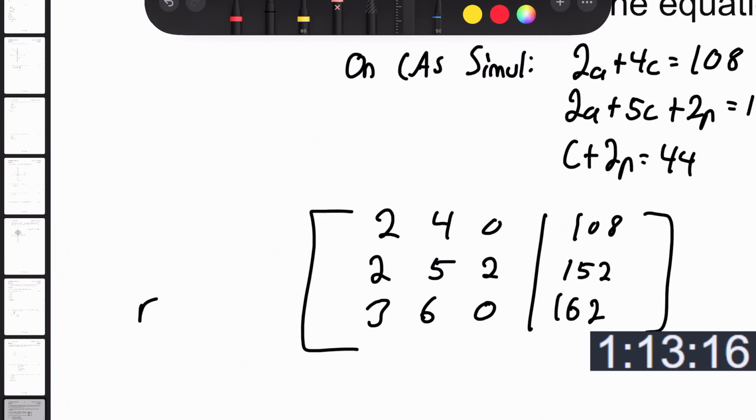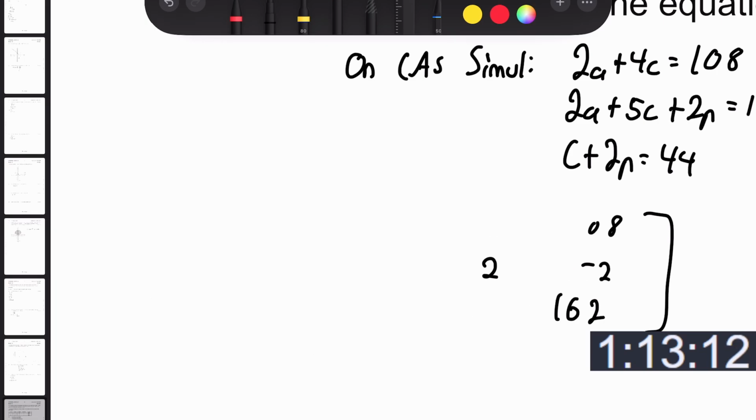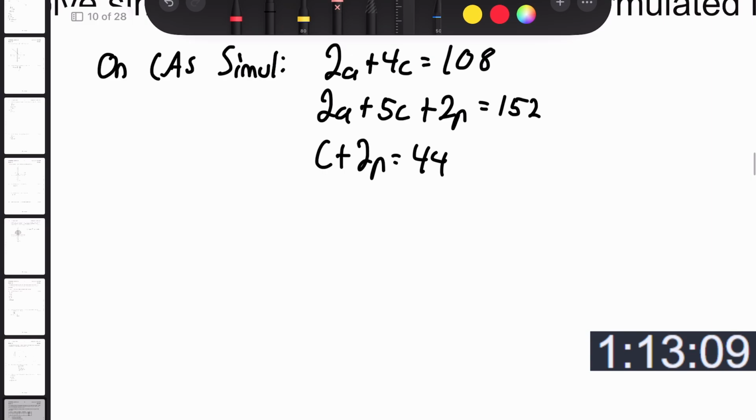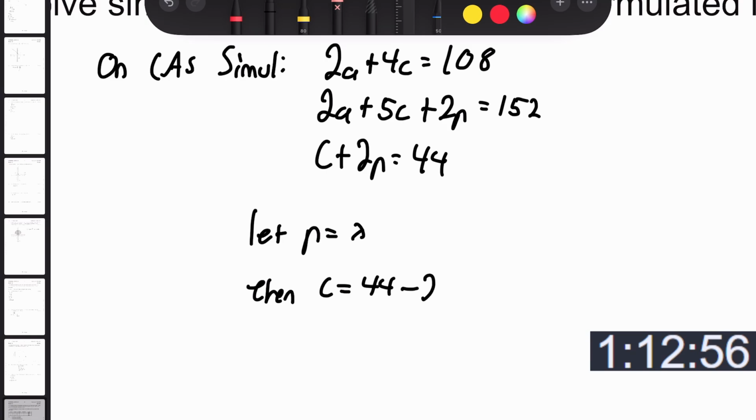So we'll say, let p equal lambda. c is equal to 44 minus 2 lambda, and then a is equal to 4 lambda minus 34.